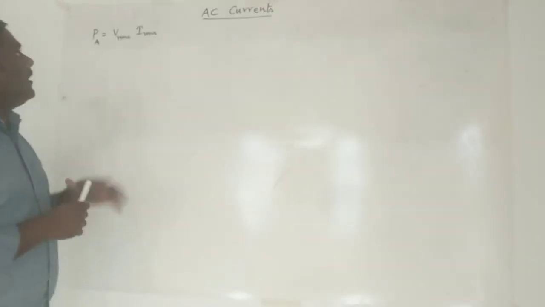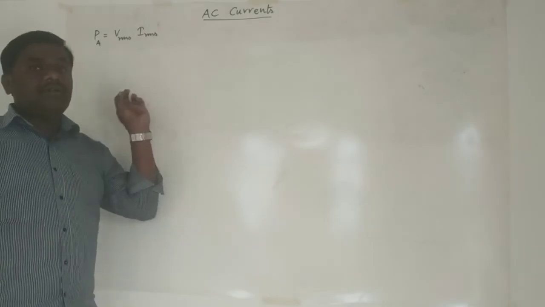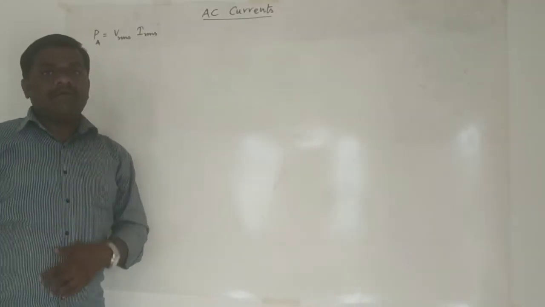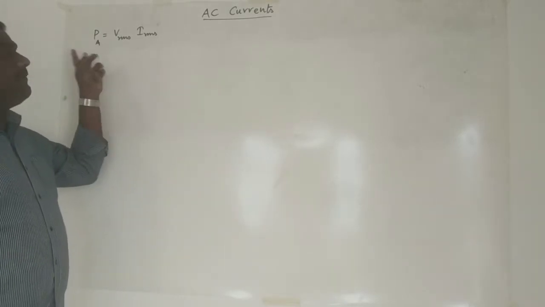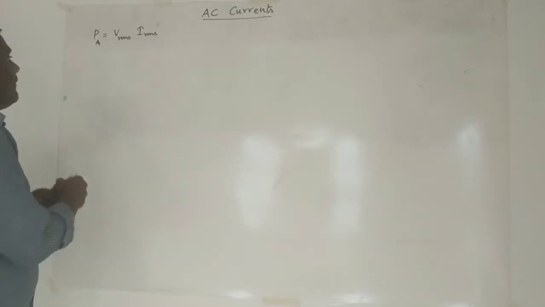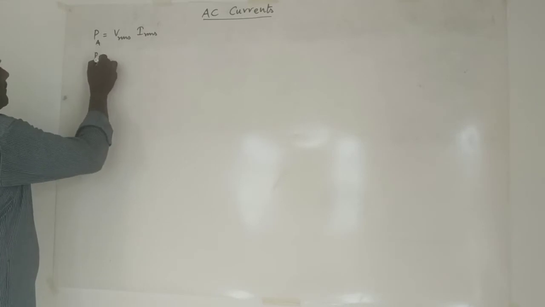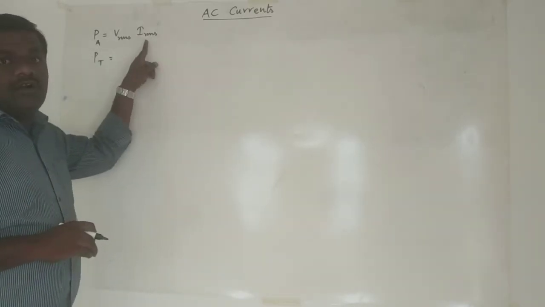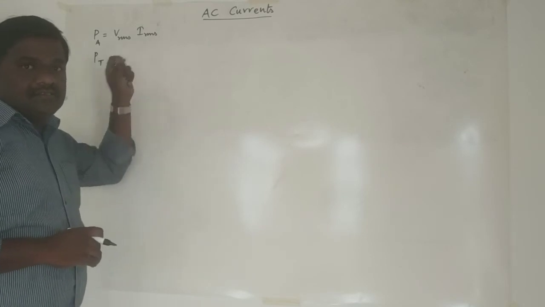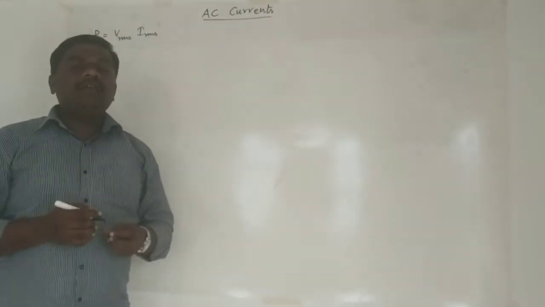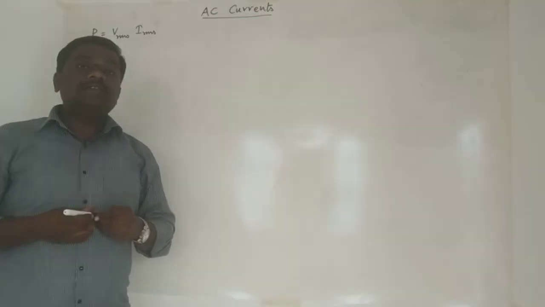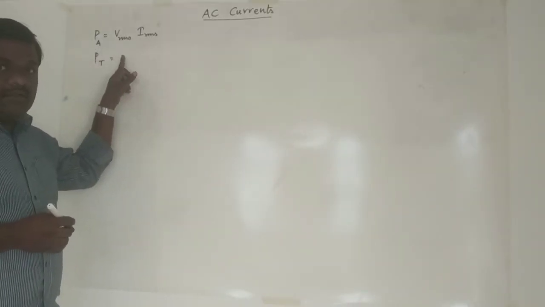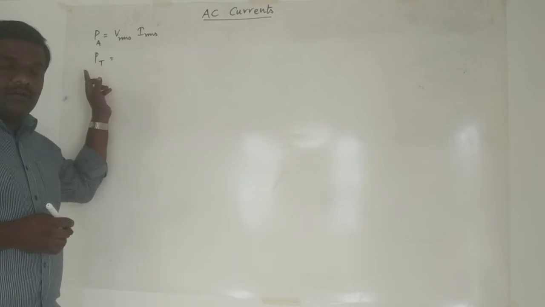Fan and electric geyser both operate with the same voltage, but the power actually consumed, known as true power, given by PT, will differ. This true power will vary according to the current it takes, because a fan will consume less current. The voltage being the same, to consume less power, the current must be less.